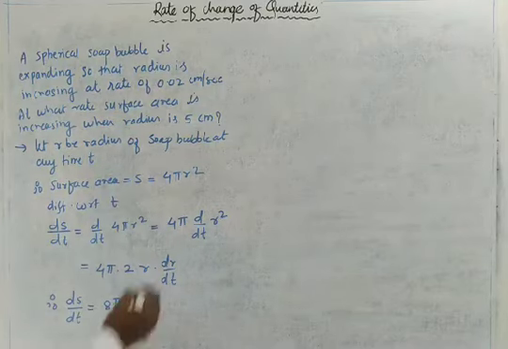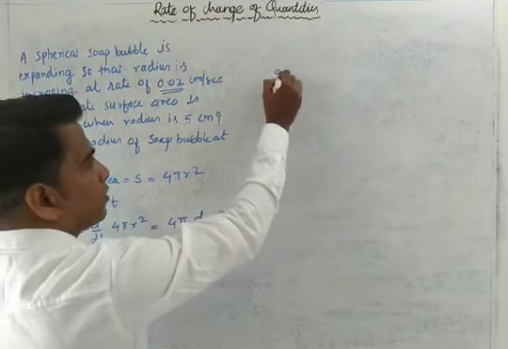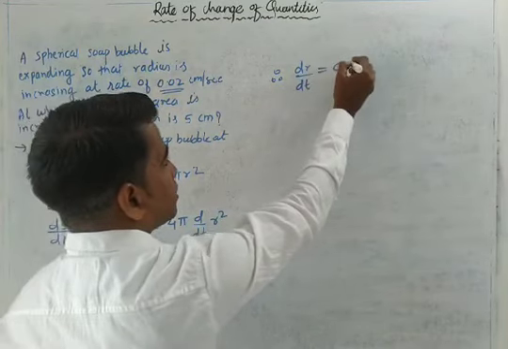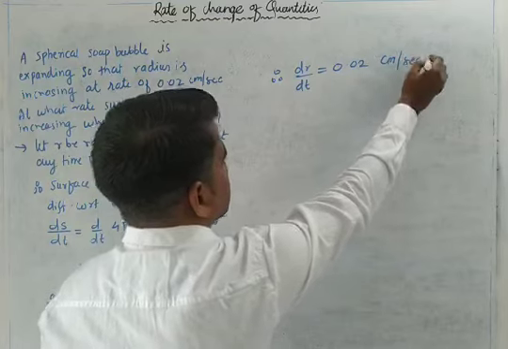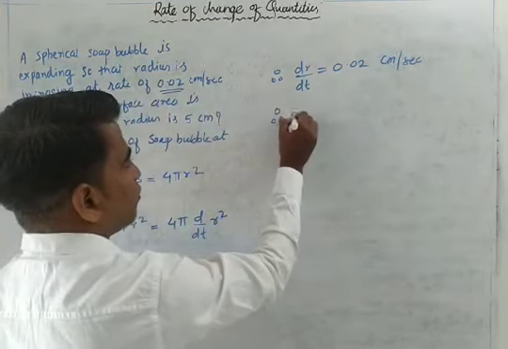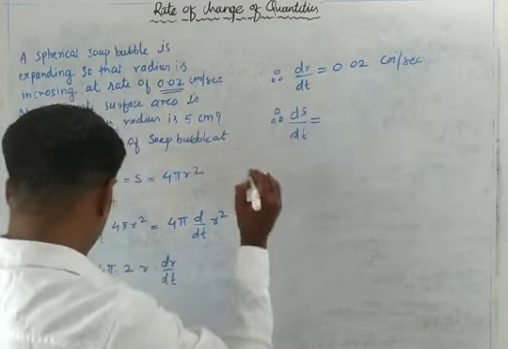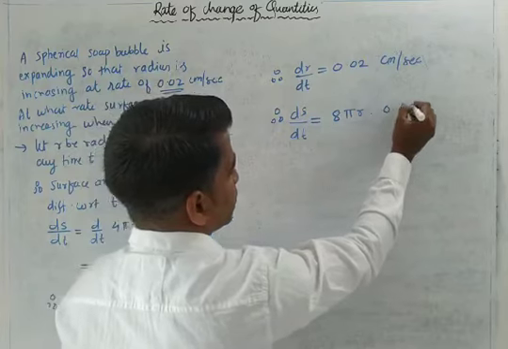So here they provided us the rate of change in radius. So dr by dt is provided as 0.02 centimeter per second. Therefore, dS by dt is equal to 8 pi r into 0.02.